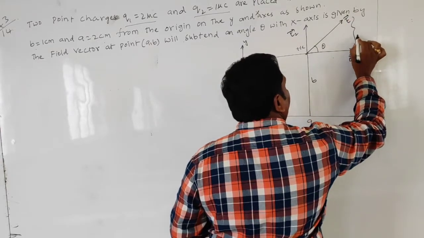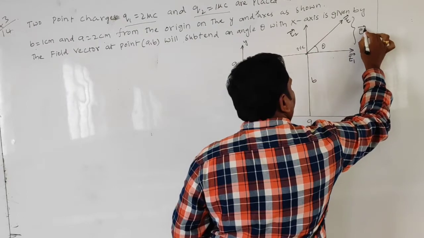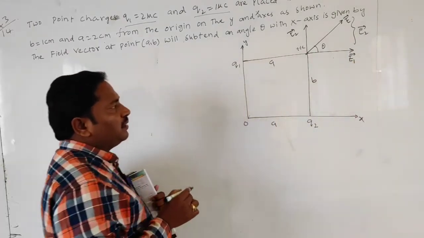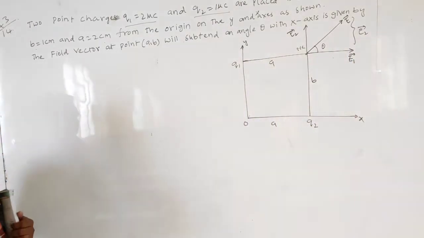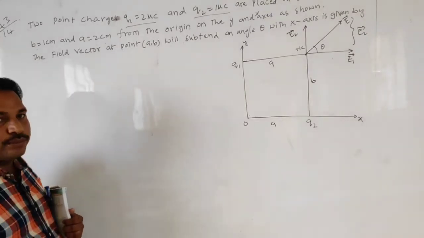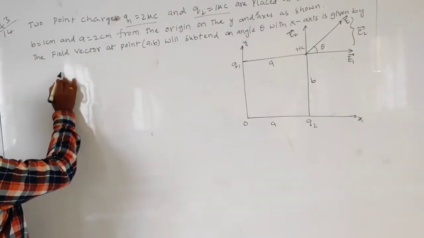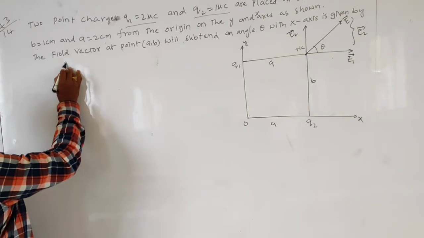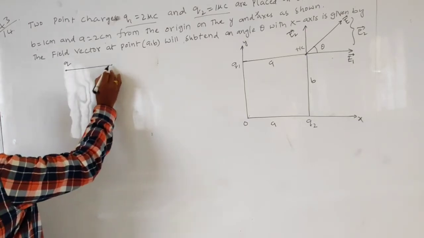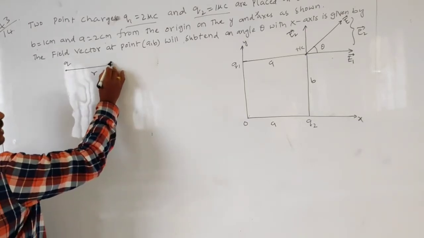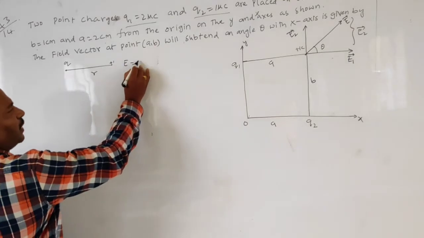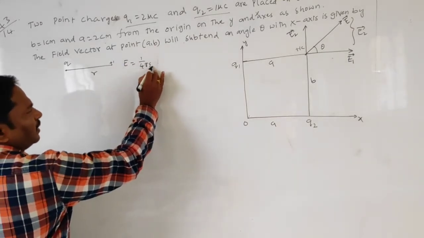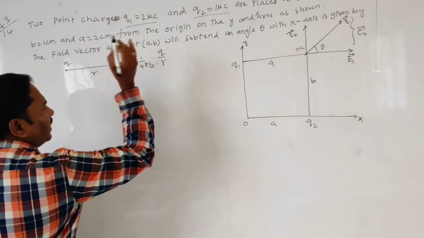The Y component is E2 bar, the X component is E1 bar. First we are going to find E1 and E2. For a charge Q at distance r, the electric field formula is E equals 1 by 4 pi epsilon naught Q by r square.